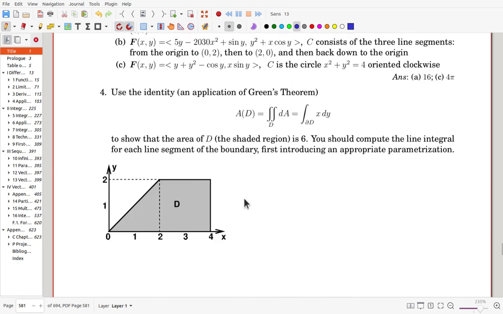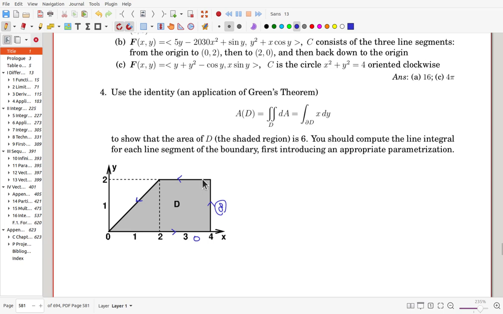And for this one again, this is one example of Green's theorem using this formula, and the boundary of the region must be positively oriented. In that direction, x dy, there's no change in y, so along this boundary it must be 0. Along this portion, x is 4, y change is 2, so you will have 8.